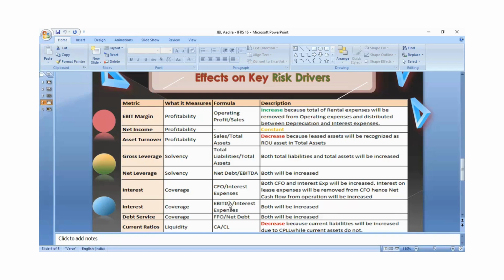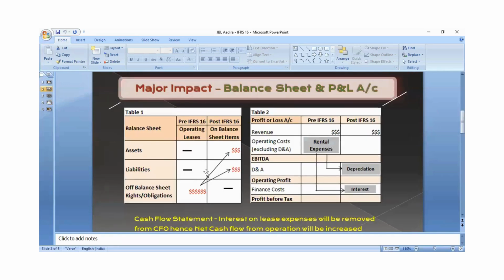There are two ways we can calculate the interest coverage ratio. One is cash flow from operation divided by interest expenses. Cash flow will be increased. The reason being, previously we used to update interest. In my previous slide, I mentioned that interest on lease expenses will be removed from the CFO calculation, cash flow from operation calculation, after the implementation of IFRS 16.